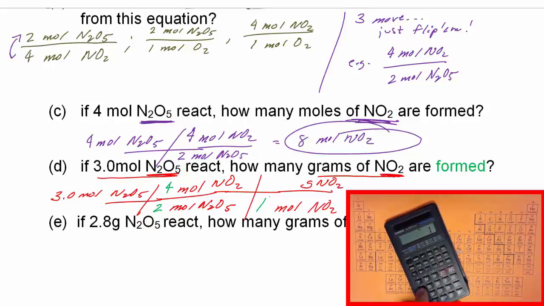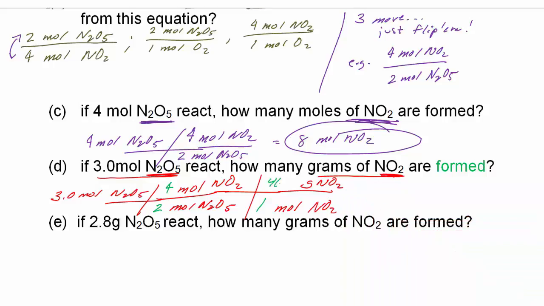Nitrogen is about 14.01 plus oxygen, each one is 16. 16 times 2, about 46.01. So everything on top multiply, bottom divide. 3 times 4 divide by 2 times 46.01.